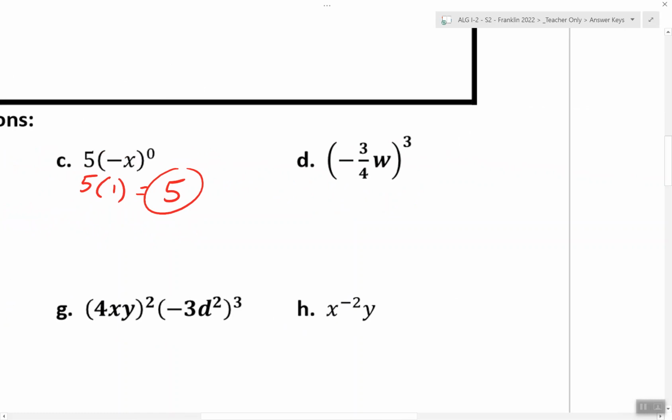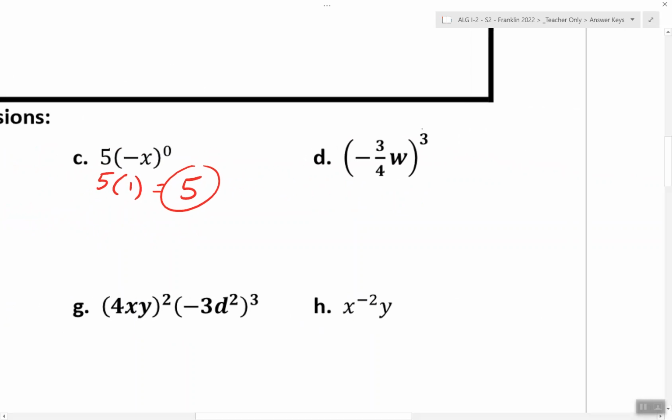Okay, (negative 3/4 w) all to the 3rd power. So remember, you're going to apply this exponent to the coefficient normally. So negative 3/4 to the 3rd power. And then the exponents here just get multiplied, 3 times 1. So, first of all, a negative times a negative times a negative, so negative cubed is going to be a negative.